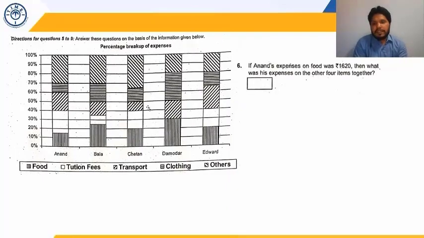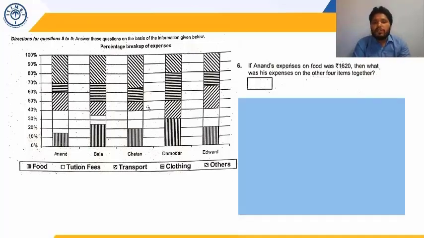Next question says, if Anand's expenses on food was rupees 1620, then what was his expenses on the other 4 items together? It is again the same kind of question which we have done, question number 5. Other 4 means if food is given, then the other 4 are the rest: tuition fees, transport, clothing and others.